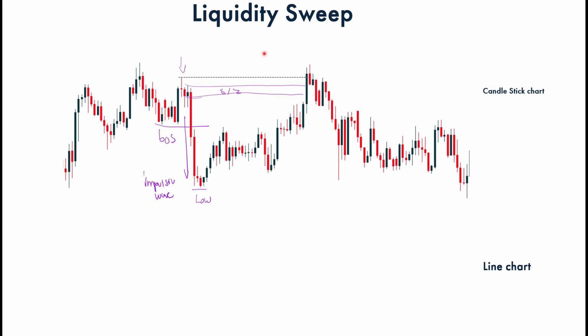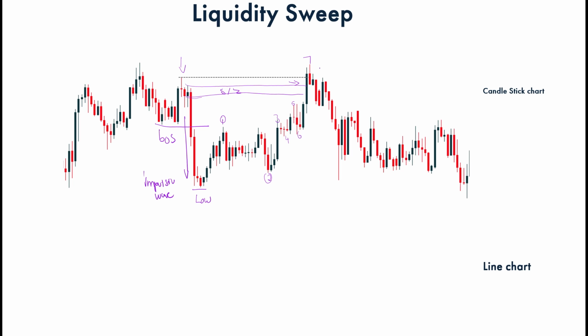But when we look closely, you will see that price is making a 1, a 2, a 3, a 4, a 5, a 6, and then a 7.